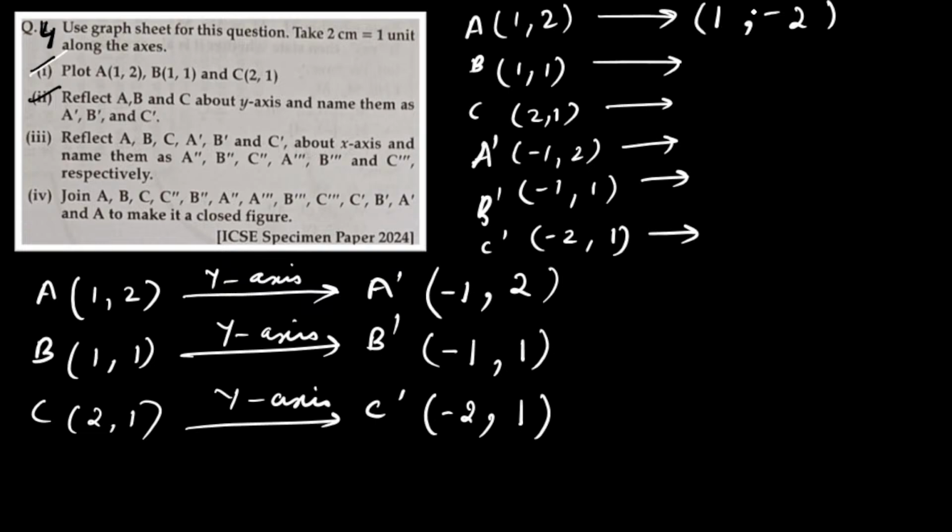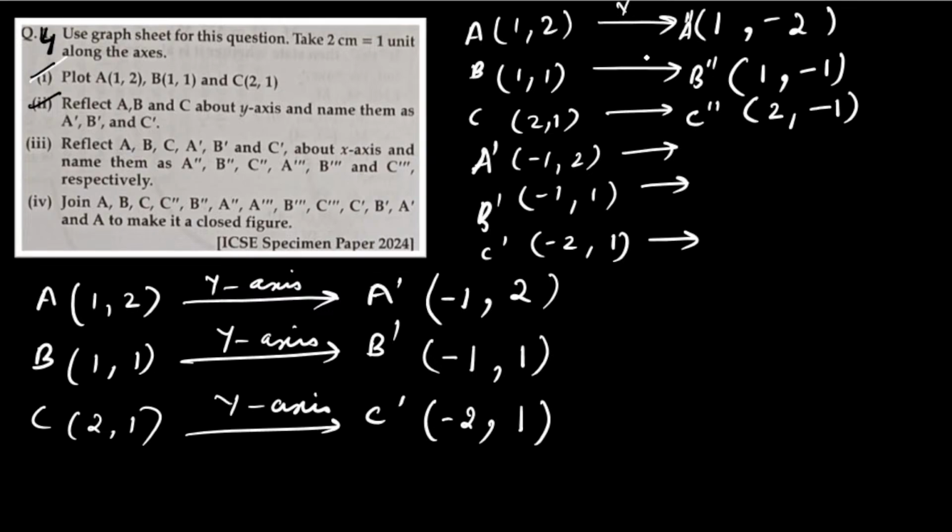So this point is A double dash. Then B double dash we will get: x will remain same, the sign of y will change, so 1, minus 1. This is C double dash: x will remain same, this is 2, y will change. Since x-axis reflection we are doing, x will remain same.